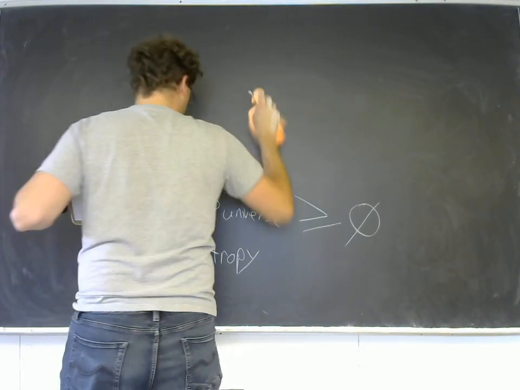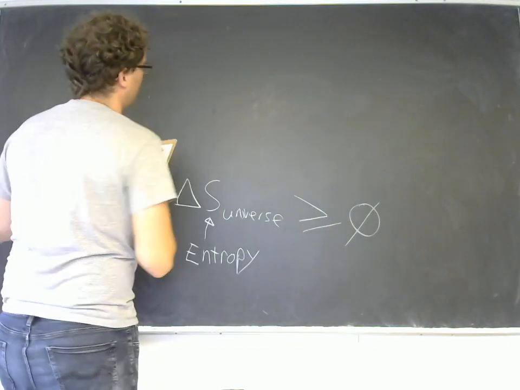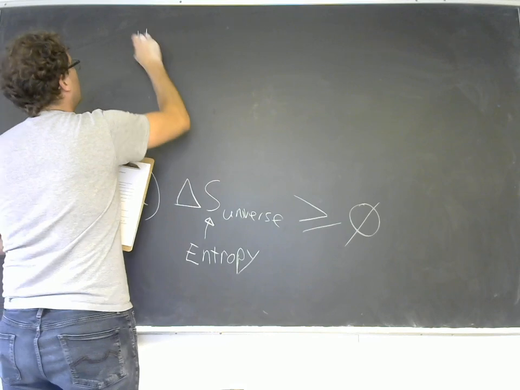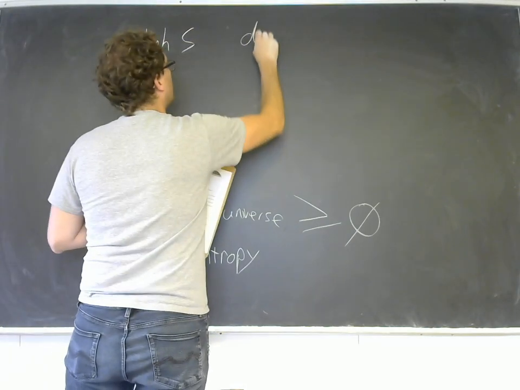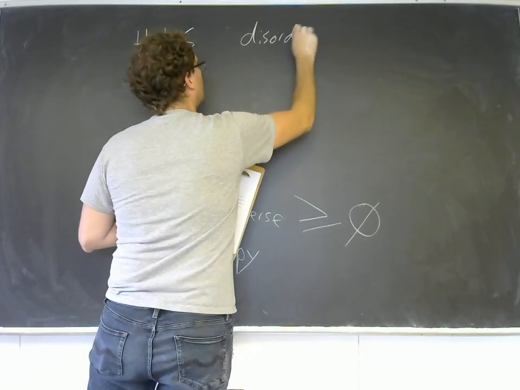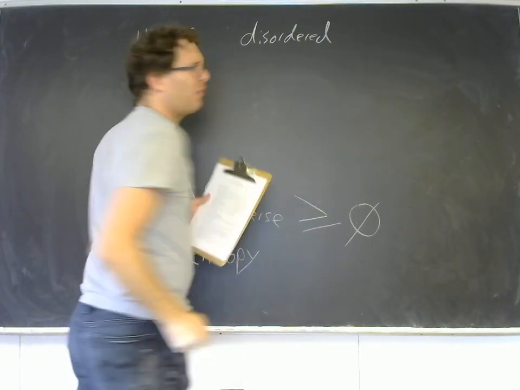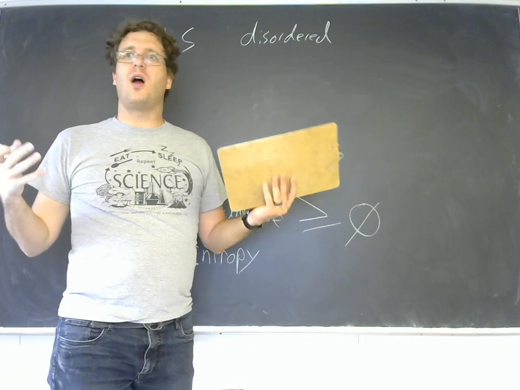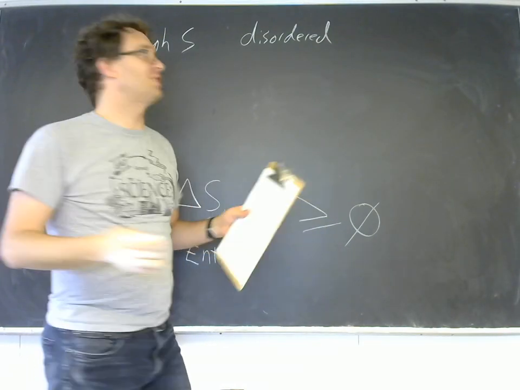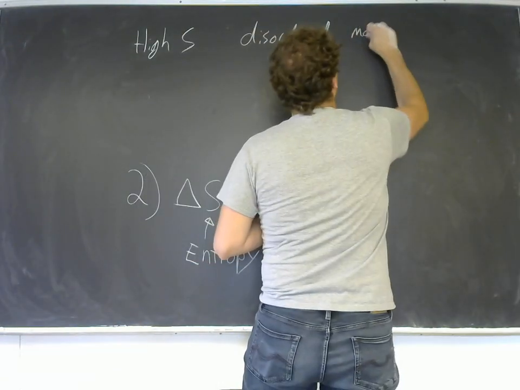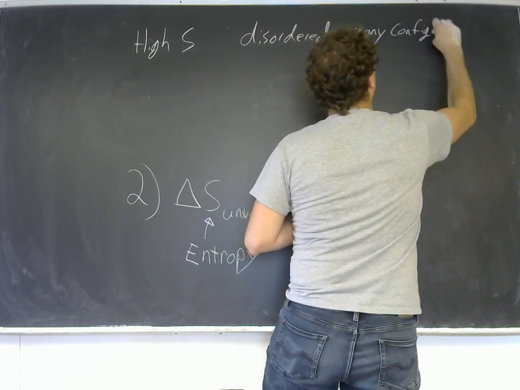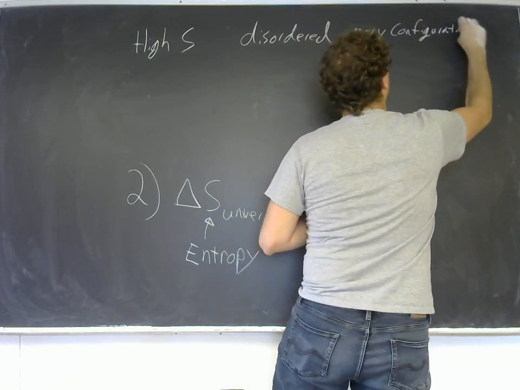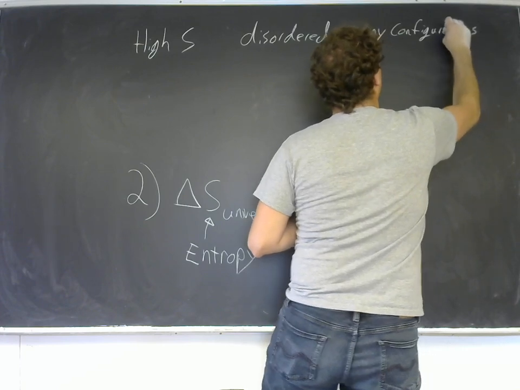We could say that systems with high entropy are disordered. But what we really mean is that there are lots of different configurations that correspond to that state.